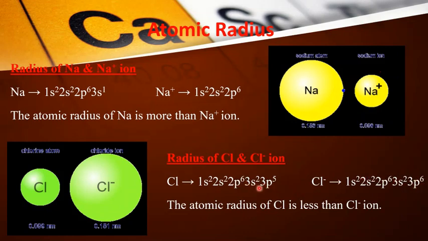Chlorine has 7 electrons on its valence shell, but chloride has 8 electrons on its valence shell. Chlorine has 17 protons and chloride also has 17 protons, but it has 1 electron more on its valence shell, so attraction becomes comparatively less. So for the less attraction, the size of chloride is more than chlorine.